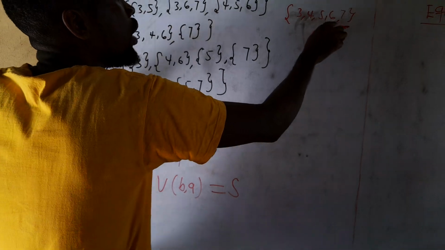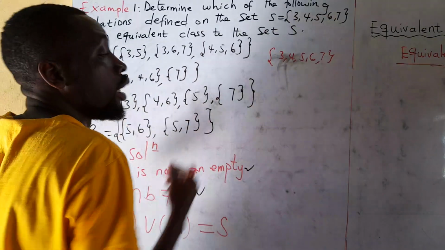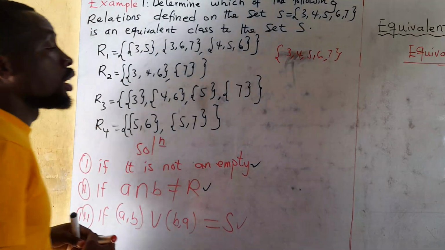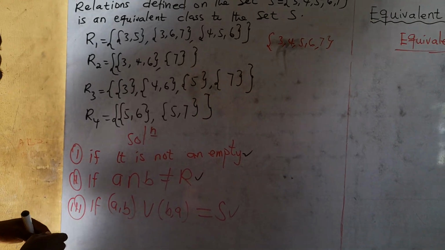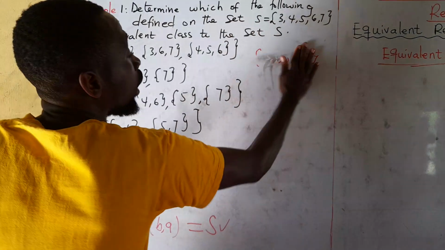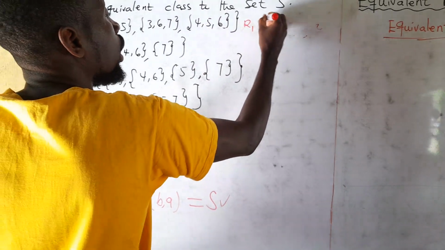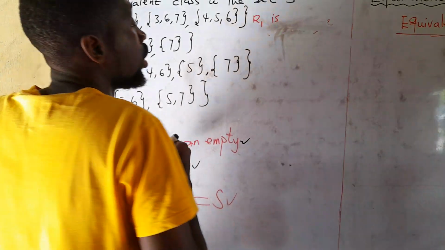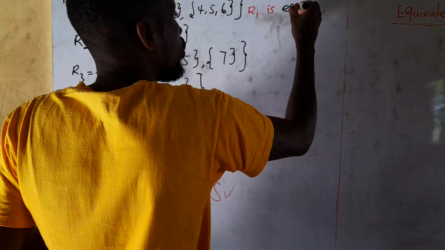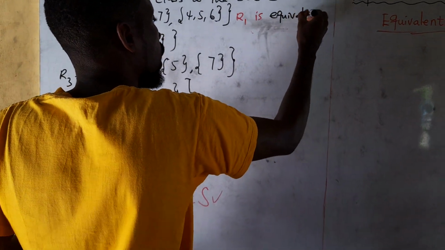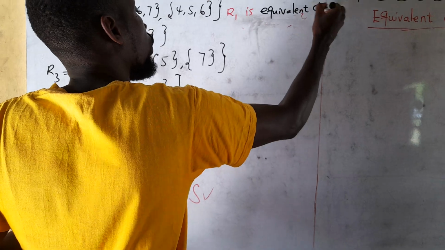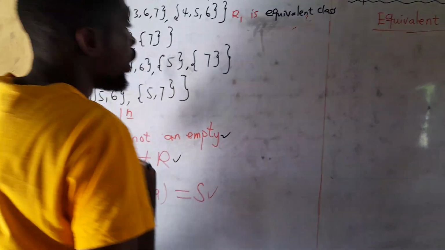Check whether it is the same as the set S. It's the same. Since it's the same, it satisfies that condition too. Then we can say our R1 is an equivalence class. I hope you get that. It's an equivalence class. Very, very simple.